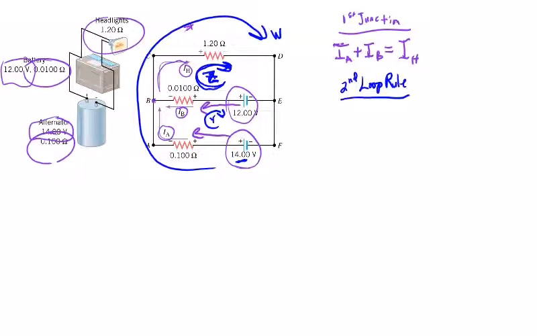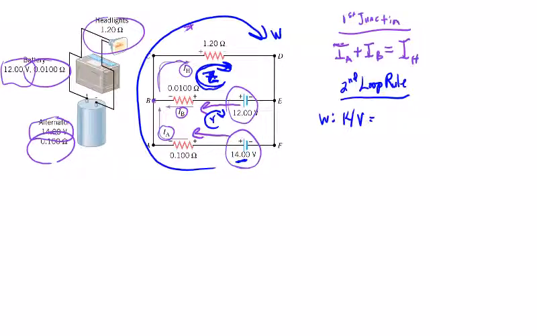So what you do is you mention that all the voltage sources should equal all the voltage drops. That's the way I usually think of it. So if I start with loop W, for example, I have only one voltage source. I have the 14 volts, and I'm coming out of the positive on it, so it's going to be positive.